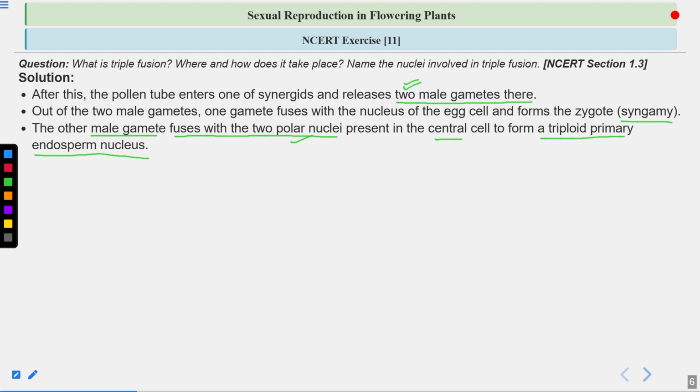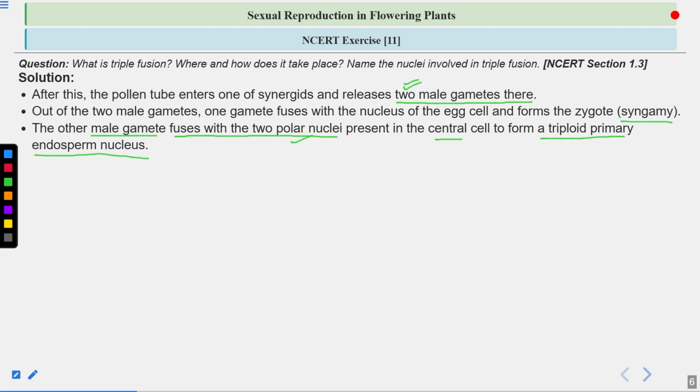PEN, primary endosperm nucleus. And what is this primary endosperm nucleus? This is the nucleus only. PEN means primary endosperm nucleus, the nucleus that is going to be involved in the process of endosperm formation, right?